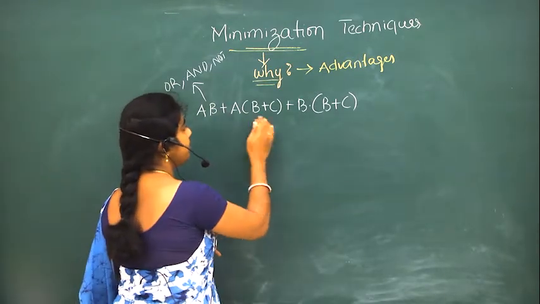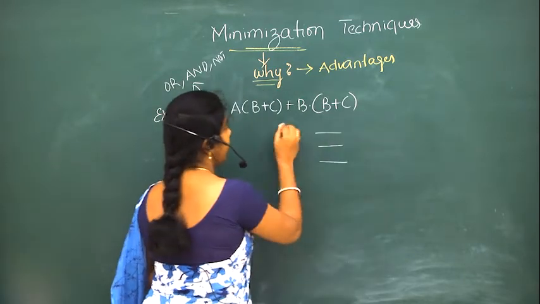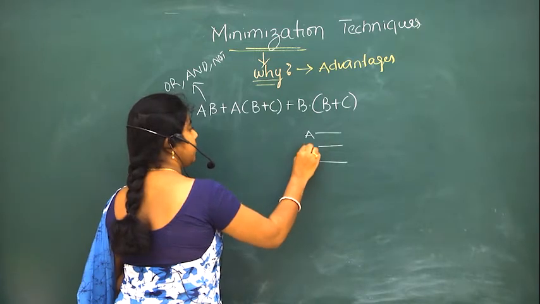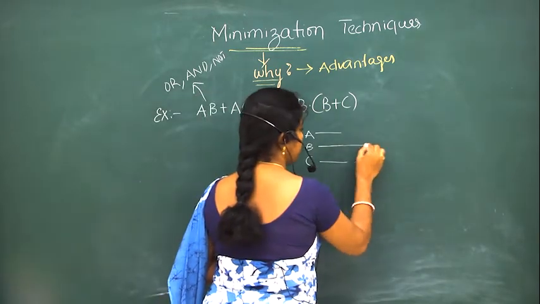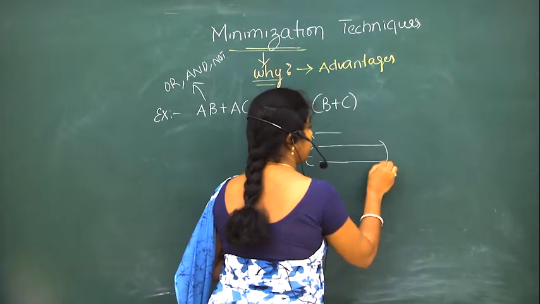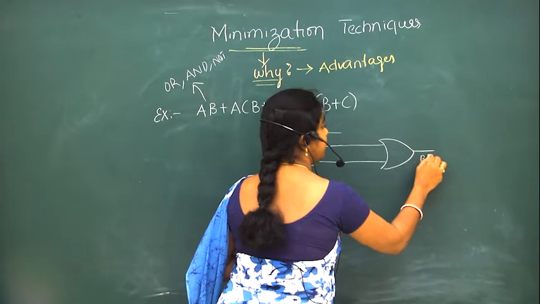How we will implement? There are 3 inputs A, B, C. B plus C are ORed first. The output is B plus C.